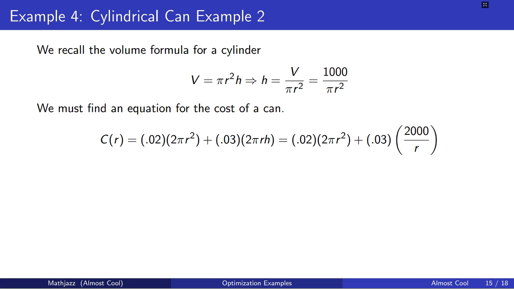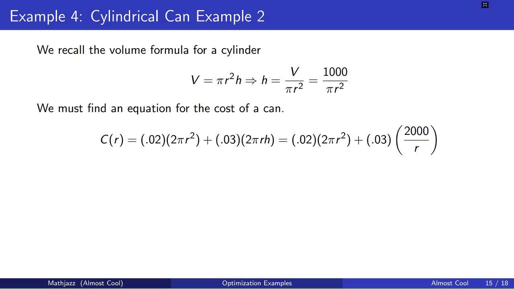Now we must find an equation for the cost of a can. So the cost of a can of radius r, with the volume being 1000, is equal to 0.02 times 2 pi r squared. That is the cost per unit area of the top and the bottom times the area of the top and the bottom, plus 0.03, which is the cost per unit area of the sidewall, times 2 pi r h, which is the area of the sidewall.